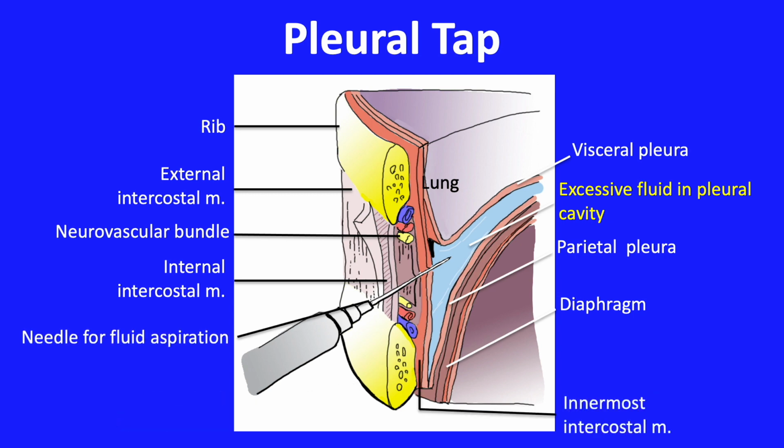I should mention that the accessory neurovascular bundle, shown here, is not meant to confuse you. It is simply a reminder that accessory nerves do exist in this area also, but are small and rarely injured by the needle or trocar being introduced.